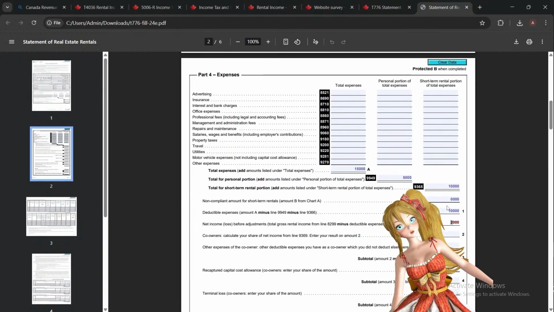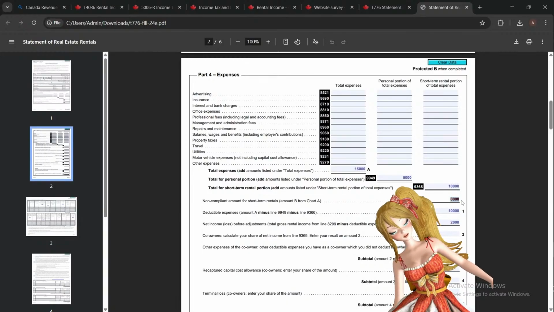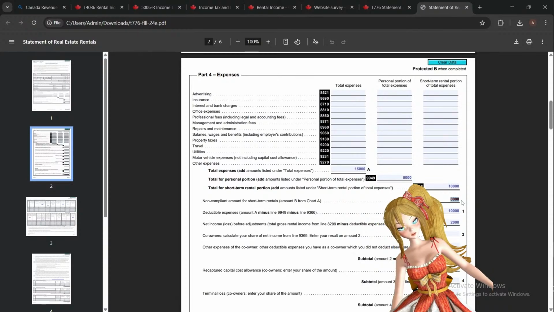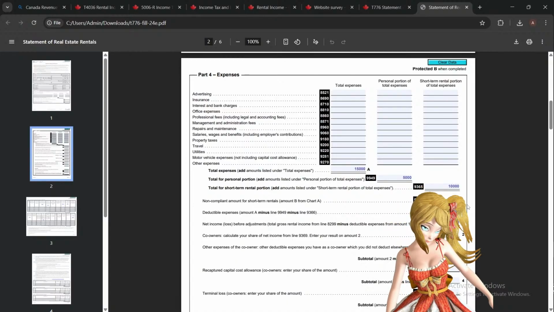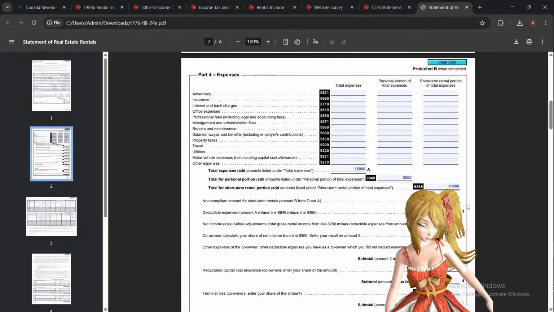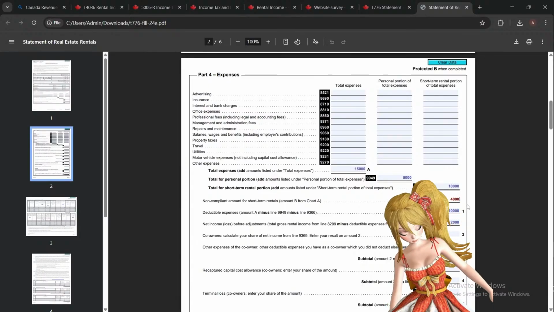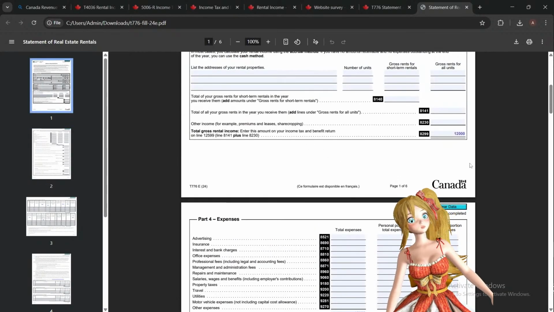But if they skip, let's say they don't pay a quarter of the rent. So, and that's what I was looking at. Let's say they skip 4,000 in payments. So I only earn 8,000.